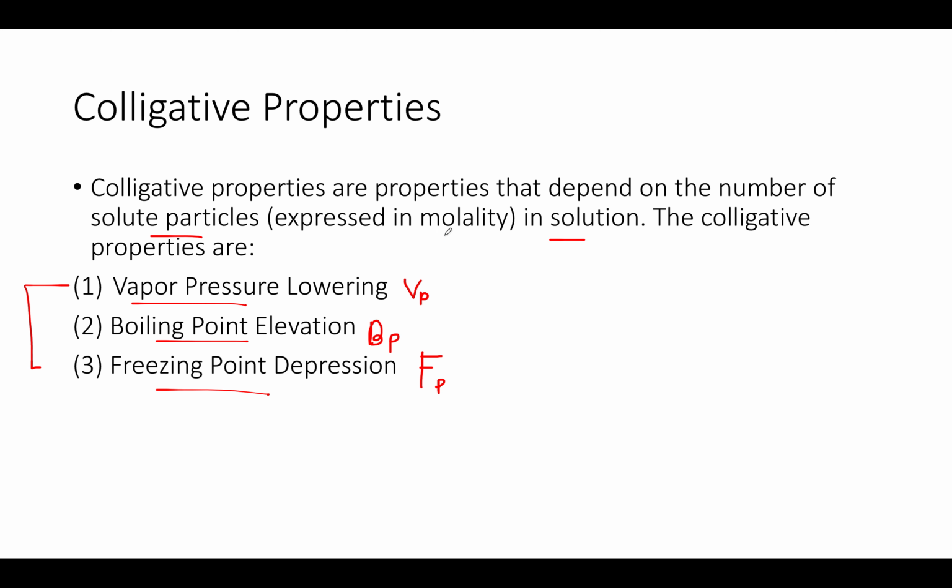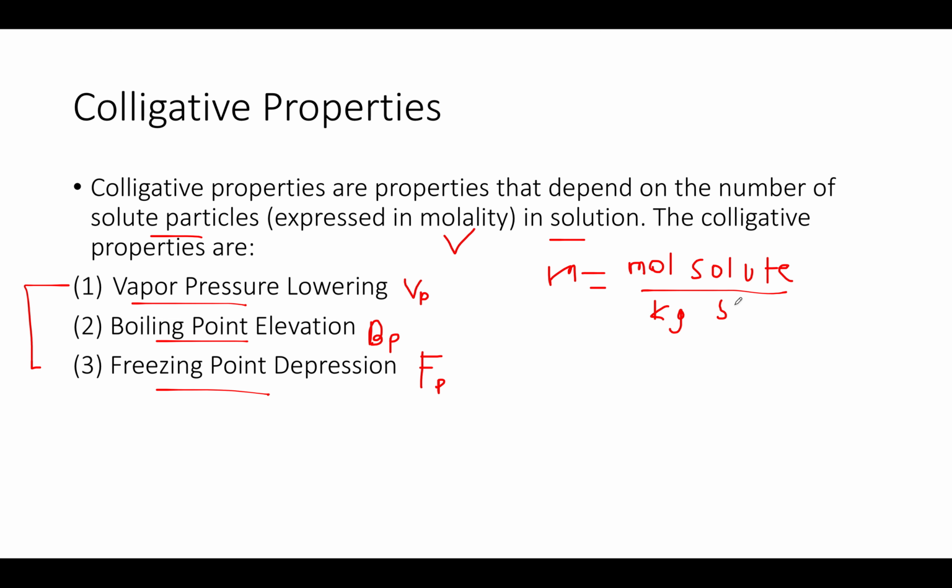That's because to calculate colligative properties, you need the molality. Now, molality is a concentration expression. I have a video on it, but you are going to need to be able to use molality, be comfortable with it. The formula for molality is moles of solute over kilograms of solvent.